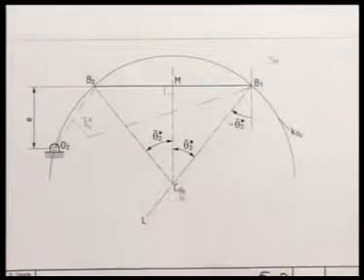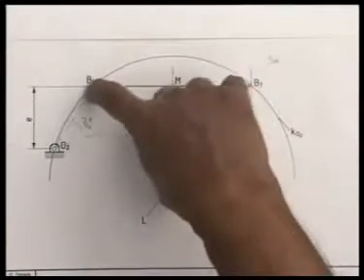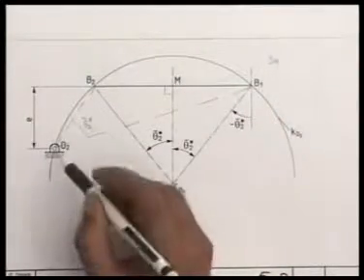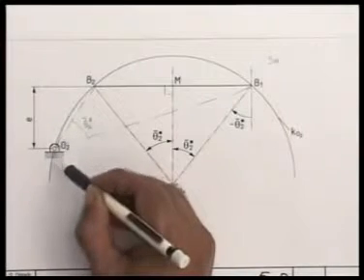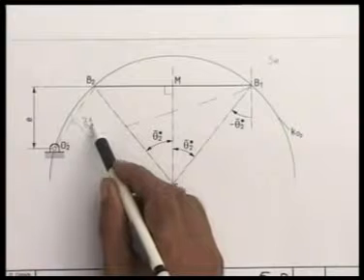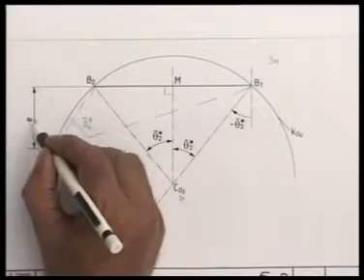So, now with this point as center and CO2 B1 as radius, I draw this circle, which obviously passes through B2 and any point on this circular arc subtends the same angle theta 2 star bar.